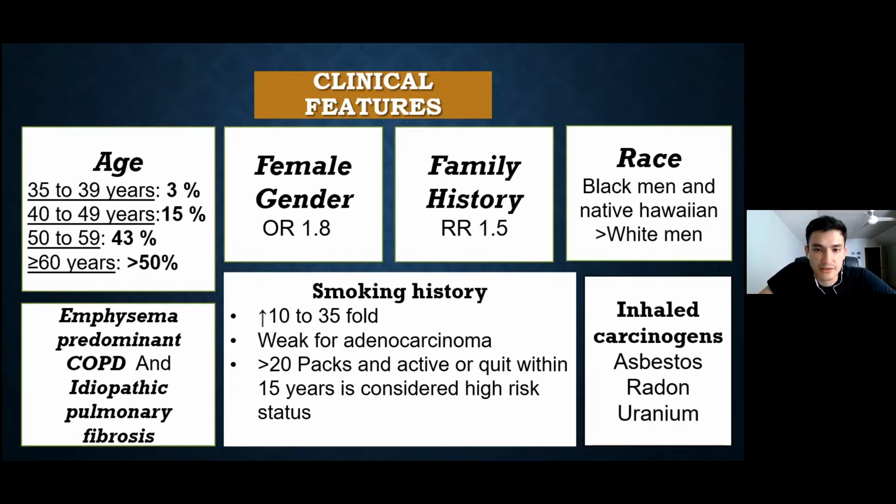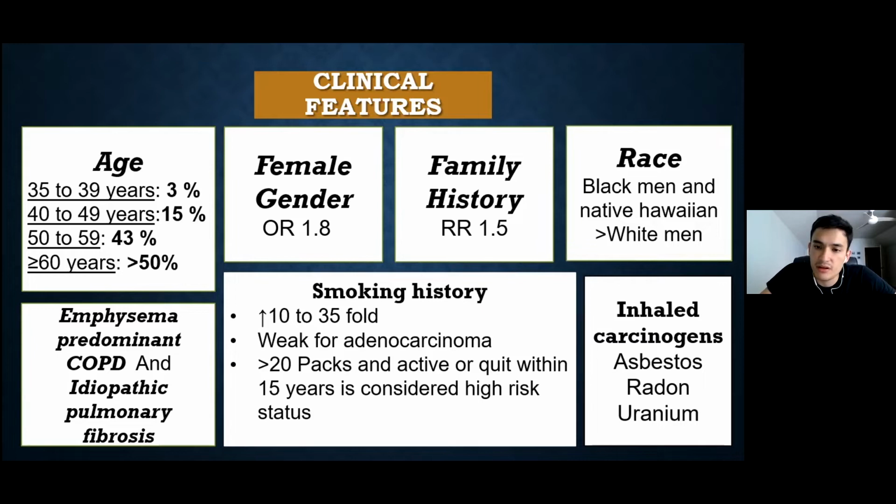Female gender is also a risk factor. This is because adenocarcinoma is the most common etiology that presents as a solitary pulmonary nodule. And adenocarcinoma doesn't have a strong relationship with smoking, and it's most common in females.